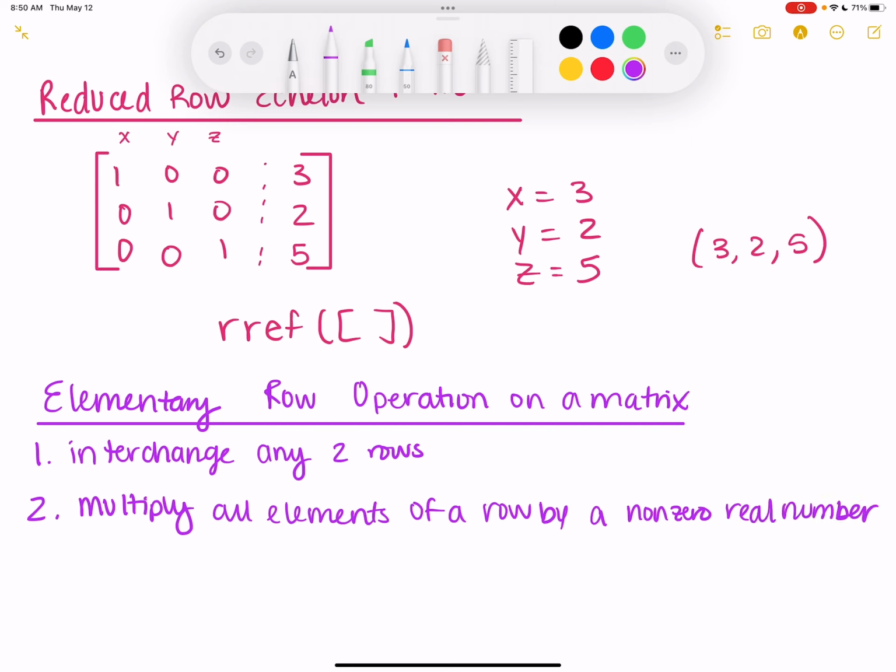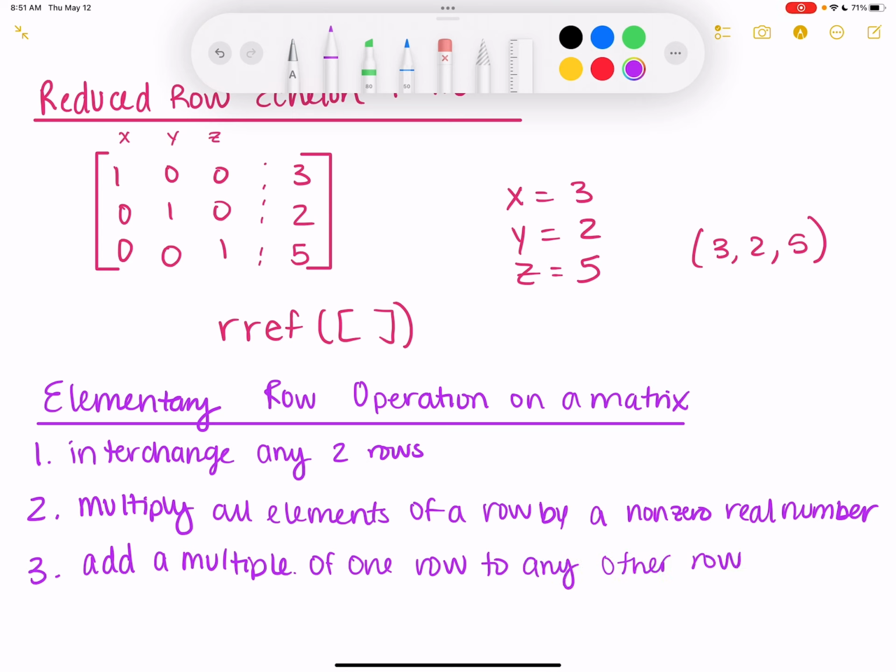So you can take a row and multiply it by 3, or you can multiply by 1/3 if you need to cancel something and all that. And lastly, you can add a multiple of one row to any other row. So I can multiply row 3 by 2 and add it to row 2, because the goal is canceling stuff out.